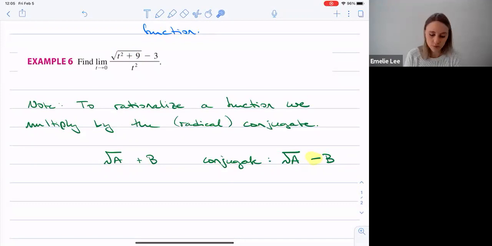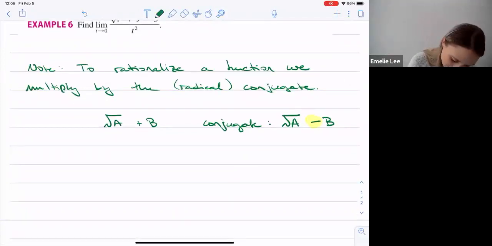You only change the addition or the subtraction. I'll show you with the simple version, but then when we go through the calculation, you'll see why we do it. It shifts the root from wherever it is initially to the other position. So in this case, it's in the numerator, so it's going to shift it to the denominator.